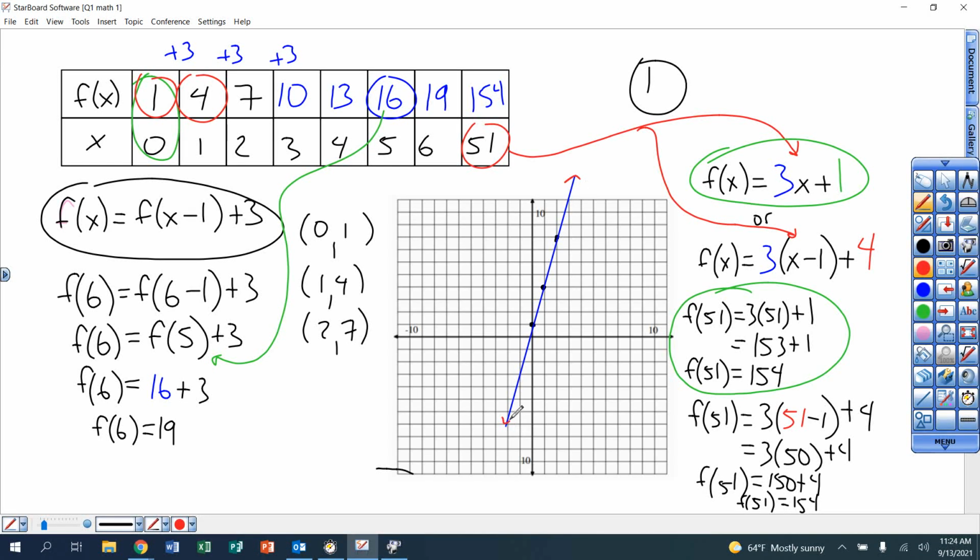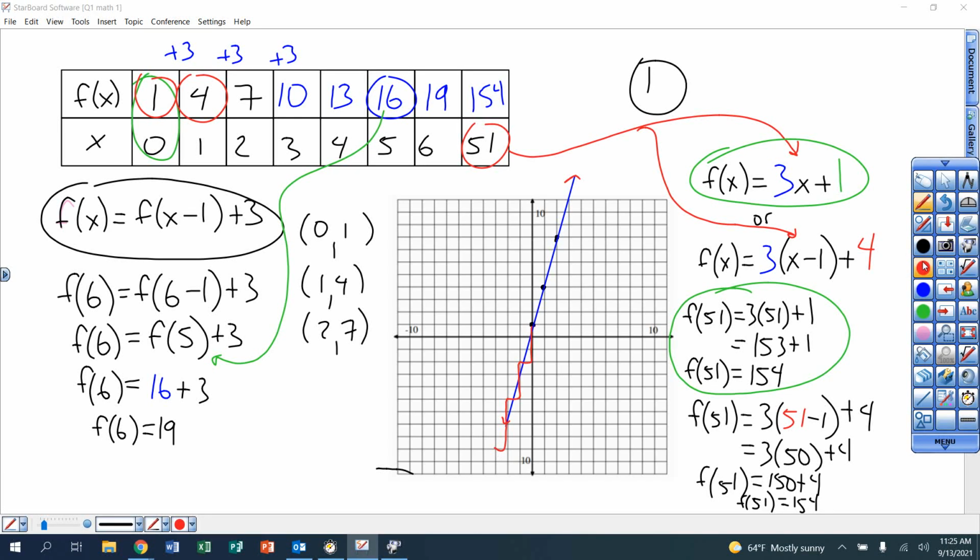I could either go over 1, up 3, over 1, up 3, or I could stair step the opposite way. Left 1, down 3, left 1, down 3, left 1, down 3. All those points are on the line.